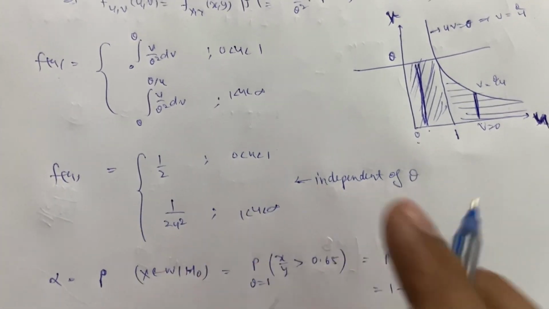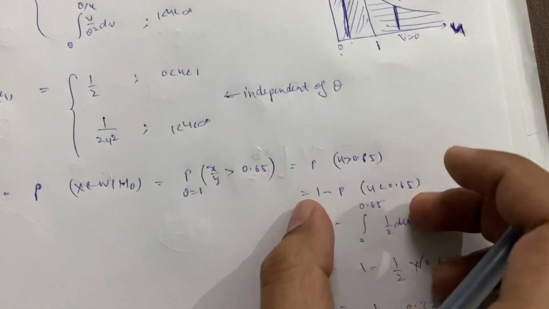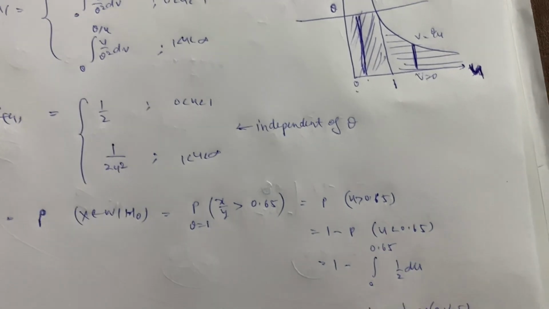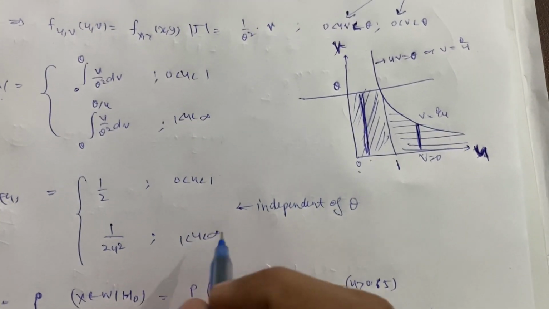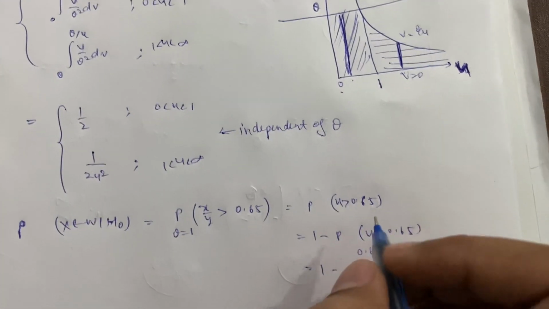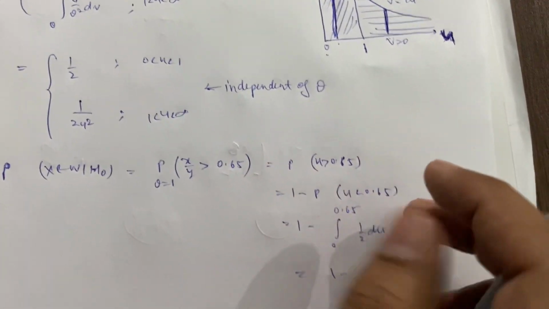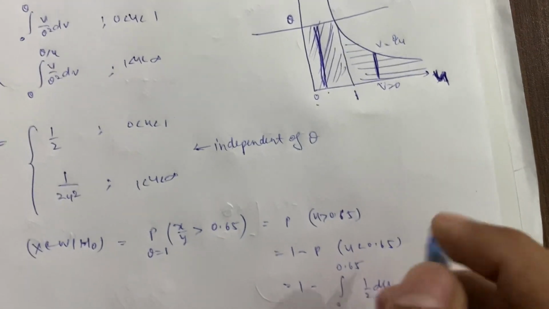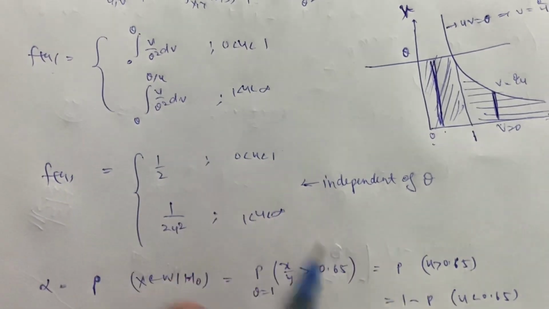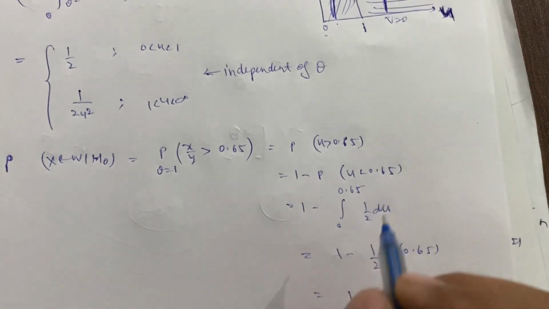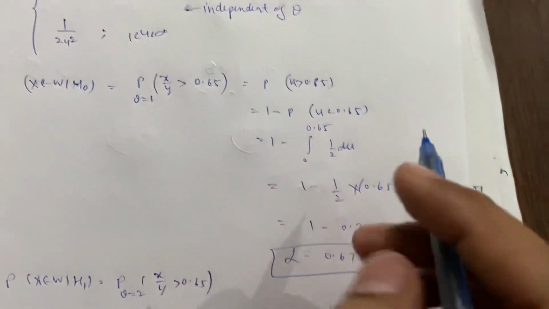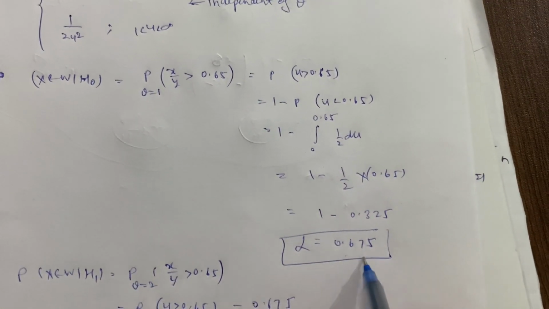Okay, so we can simplify it by using this, because if we integrate the density function over the whole limit, then it will be 1. So this probability can be written like this. Now this probability can easily be calculated by using this. So apply this. We have the lower limit 0 here. Now if you solve this, then you will be getting 0.675.